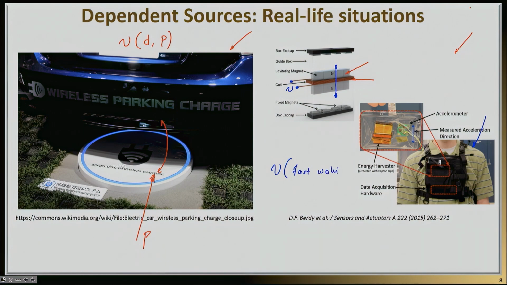So it's basically the walking speed. It would depend on how heavy is the magnet, so maybe the mass of the magnet. It would depend on how big is the coil, and maybe a few other parameters that I'm omitting here for simplicity. But my point is that this is another example of a dependent source that is a very practical example, and we'll be using the dependent source model to study the influence of that in this class.